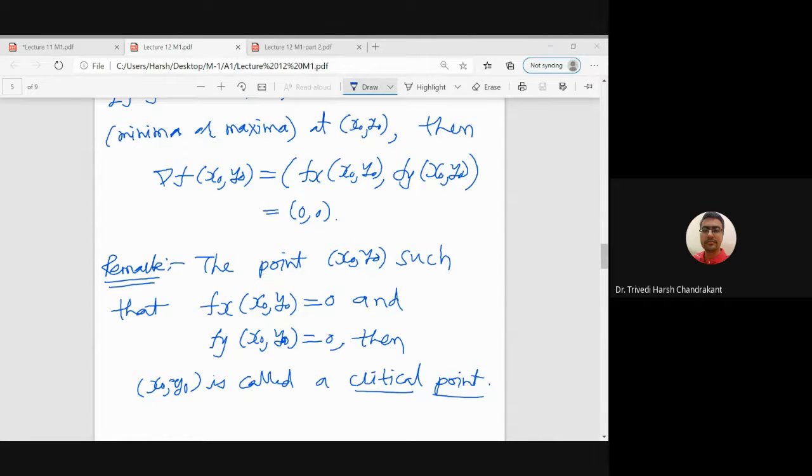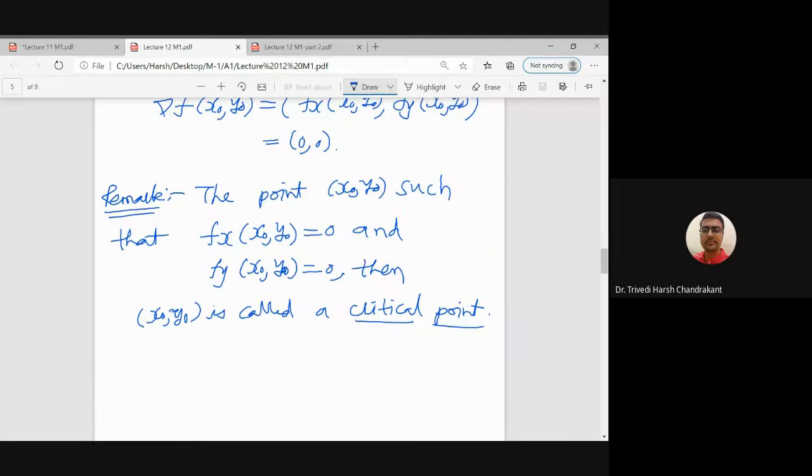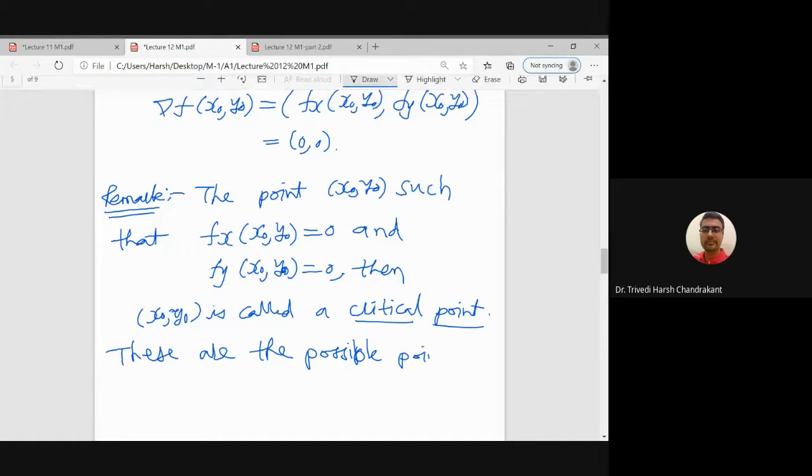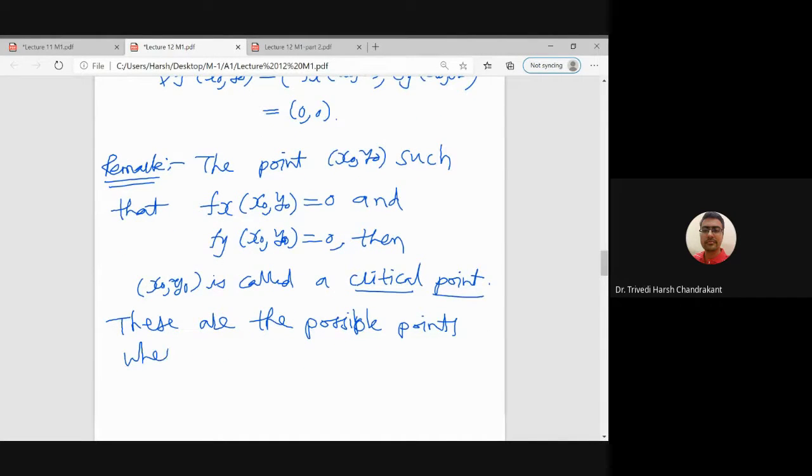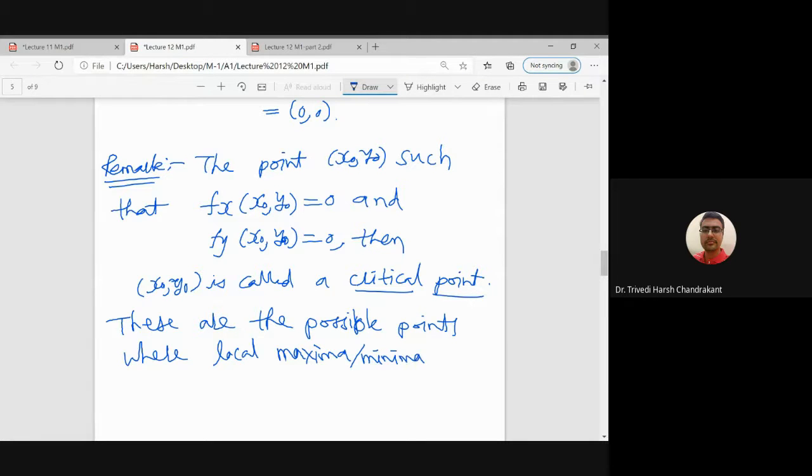So if a local maximum or minimum exists, then it will exist at these points only, right? No other points. So these are the possible points where a local maximum or minimum exists.